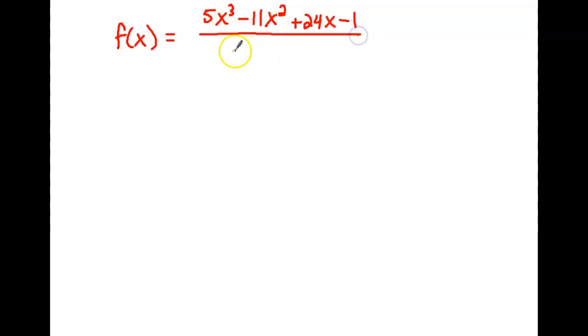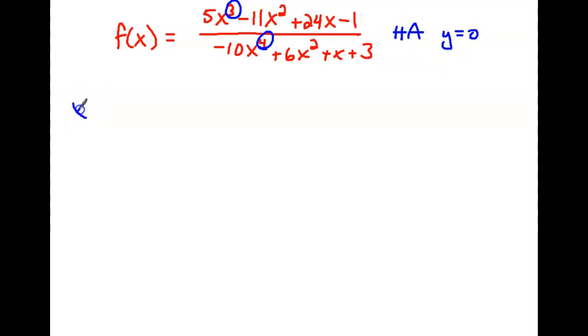It's just there to take up space, basically. But I'm committed to writing it, so hold on. Okay, so you can see that the degree of the numerator is 3 and the degree of the denominator is 4. So you know we have a horizontal asymptote at y equals 0. So we can say as x approaches infinity, y approaches 0.